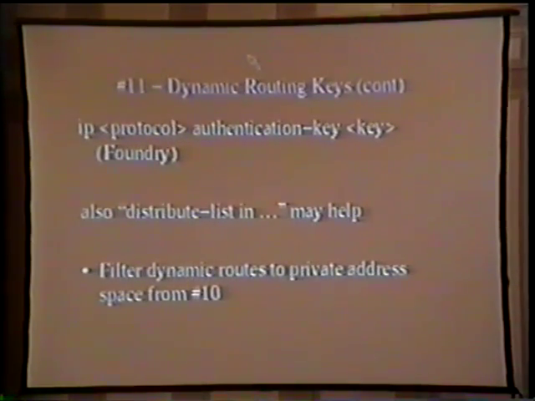My feeling is it's their fault for accepting it. So if you have some bogus route that you know your network does not want to accept, this is a good chance to filter the content of the routing updates.